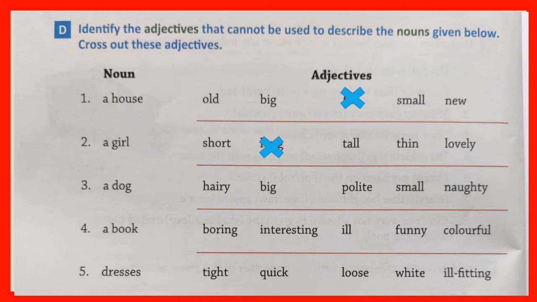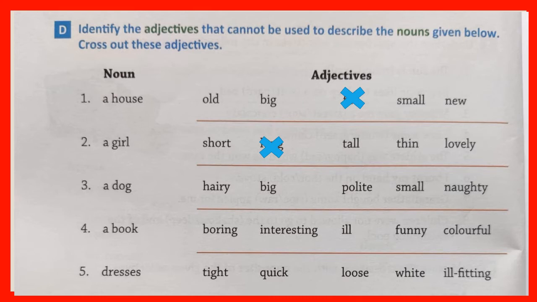Number 3, a dog. A dog can be hairy, right? With a lot of hair. A dog can be big. There are different dogs, big dogs, small dogs. Can a dog be polite? Now the word polite is generally used for people because it means your behavior, like how you behave with other people, right?